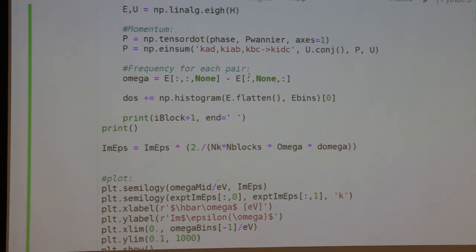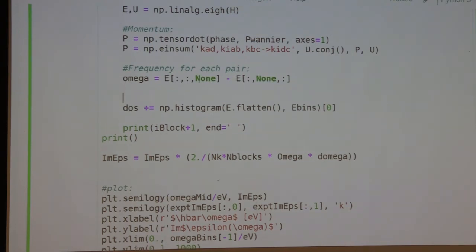Okay? So this will now give me a rank 3 tensor which corresponds to every k point and the energy difference between pairs of states at that k point.